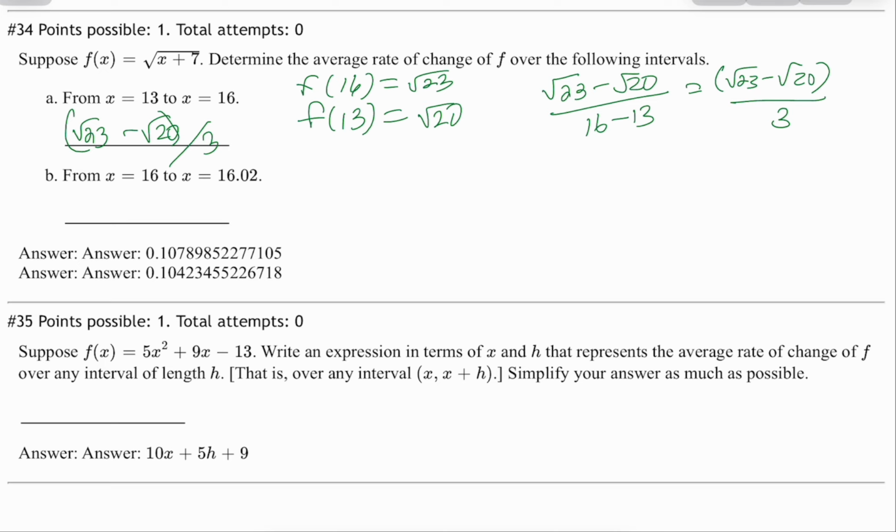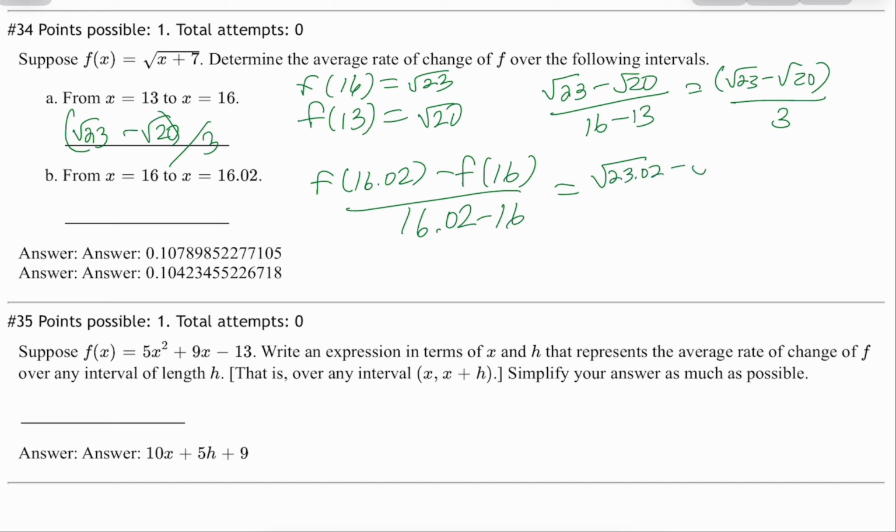Okay. So for this one, it would be f of 16.02 minus f of 16 over 16.02 minus 16. F of 16.02 is the square root of 23.02 minus the square root of 23 all over 0.02. And that's what needs to go here. That should be equivalent to that decimal there.